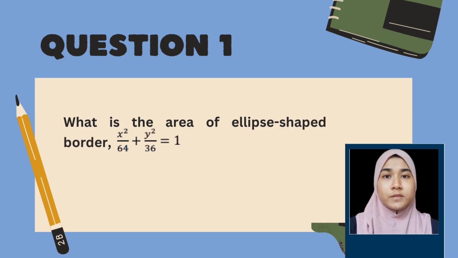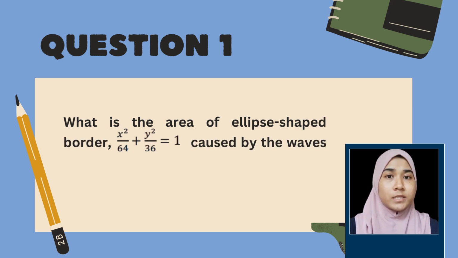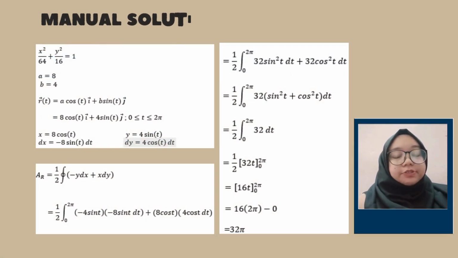x squared over 64 plus y squared over 16 equal to 1, caused by the waves and ripples. For the manual solution of question 1, the equation of the ellipse given in the question is x squared over 64 plus y squared over 16 equal to 1, and a is 8 and b is 4.